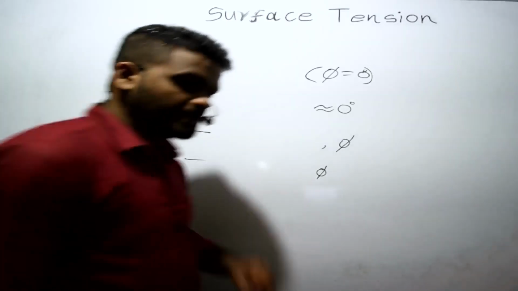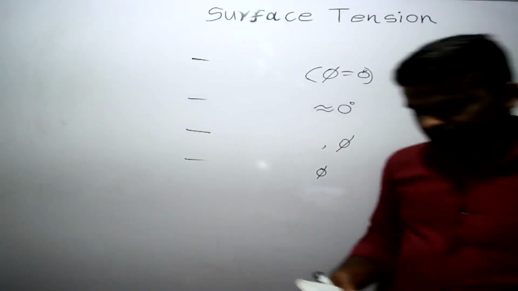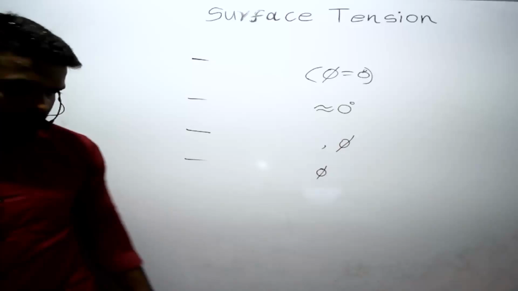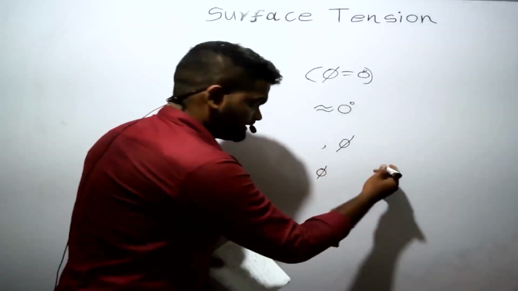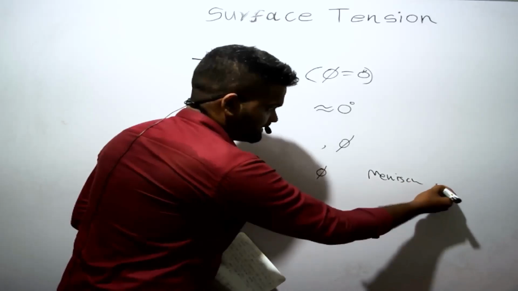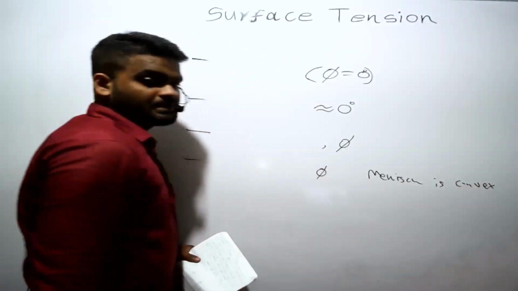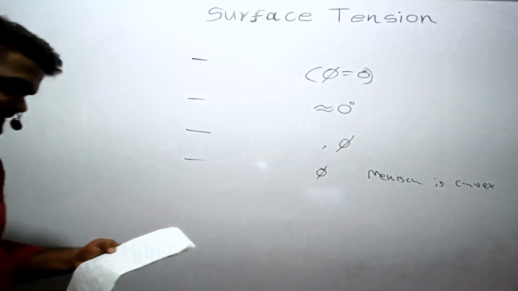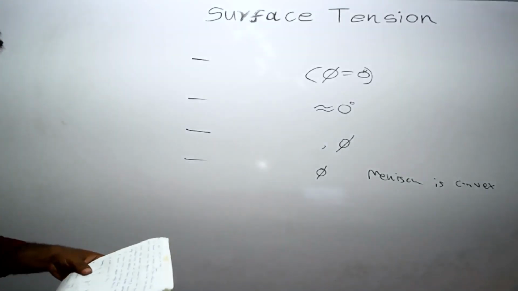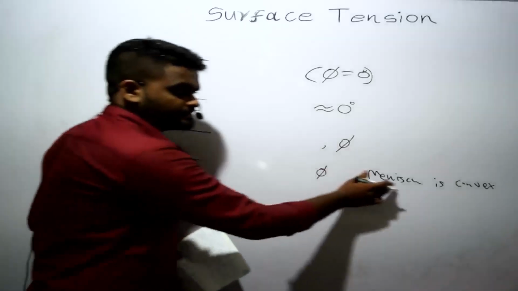On the same line, write meniscus is convex. Okay, meniscus is convex.